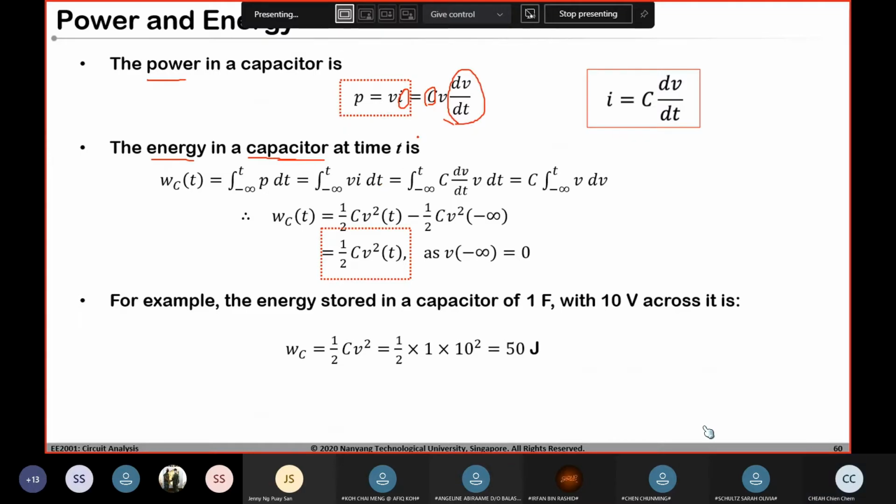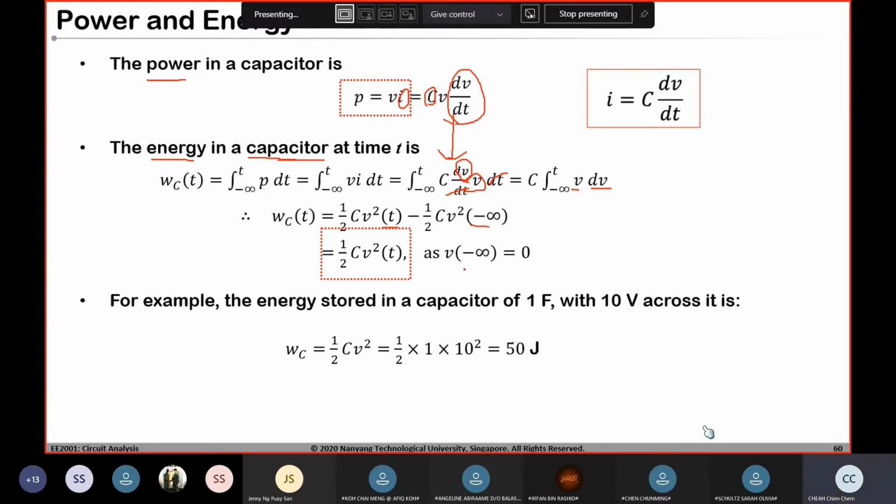If you integrate this power over time, then the dt and dt cancel out, which means that I'm integrating V with respect to voltage. Integrating V with respect to voltage gives you half V squared, and you're integrating from negative infinity to the current time.